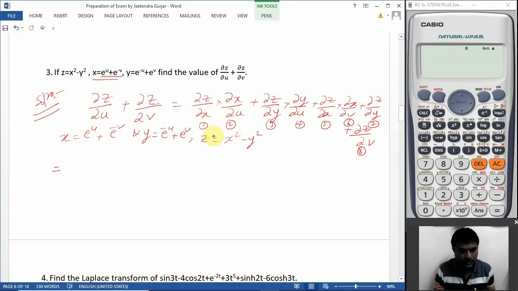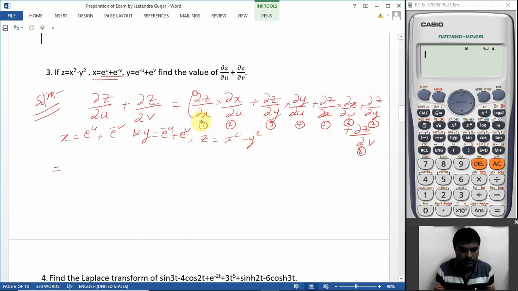Wherever z is there, differentiate this with respect to x. Definitely in the partial differentiation, y is going to become 0. I have explained this partial differentiation, you can go through the description box, I have given the link on how it is 0. So x square is a variable, y square is constant.